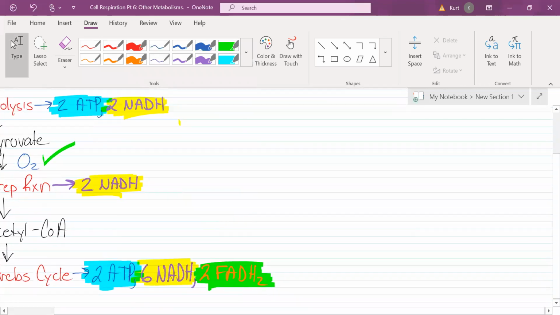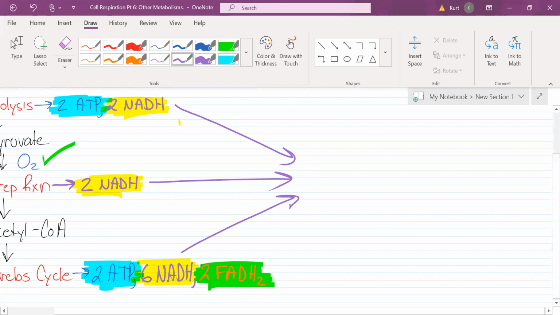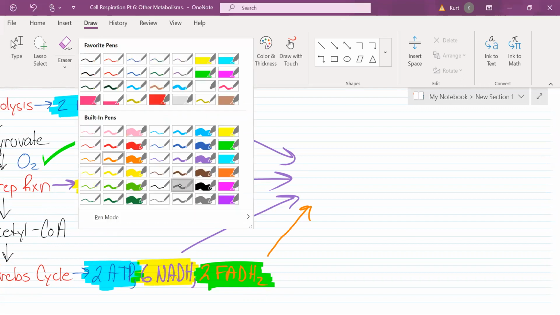Where will the NADH and the FADH2 go to? Not yet. They're going to the electron transport chain first. They need to have all their energy drained. And FADH2 is going to the electron transport chain as well.